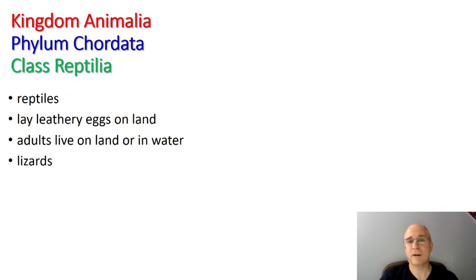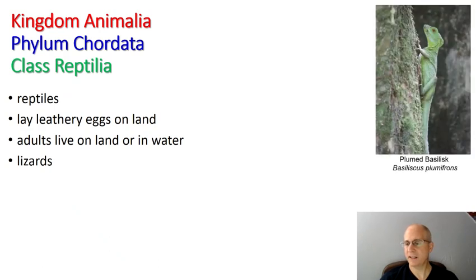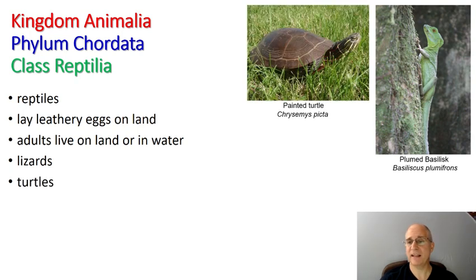And some examples of the reptiles include the lizards, like this plumed basilisk picture I took when I was in Costa Rica. The common name for this lizard is the Jesus Christ lizard. You may have seen this before because it can actually run so fast that it can run on the surface of the water. Turtles are reptiles, like this painted turtle picture I took.